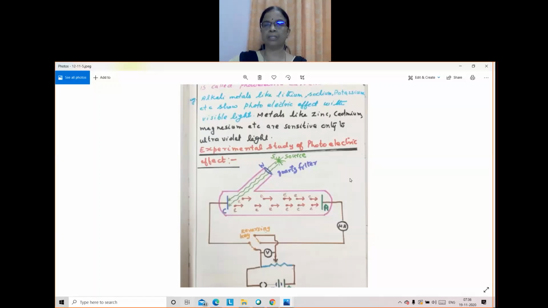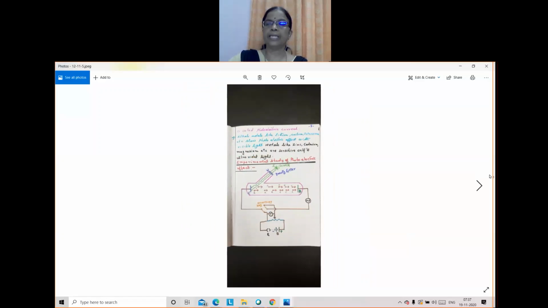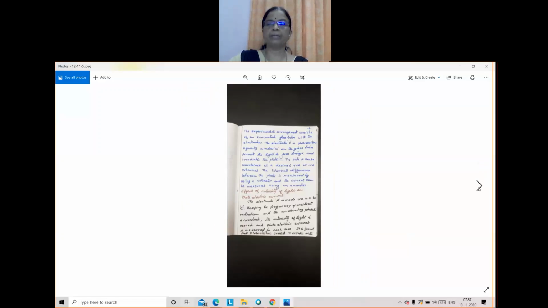See, such a small interval of time. So we can see the laws. ഈ സ്റ്റഡി തന്നെയാണ് നമ്മൾ ലോ ആയിട്ട് പഠിക്കുന്നത്.